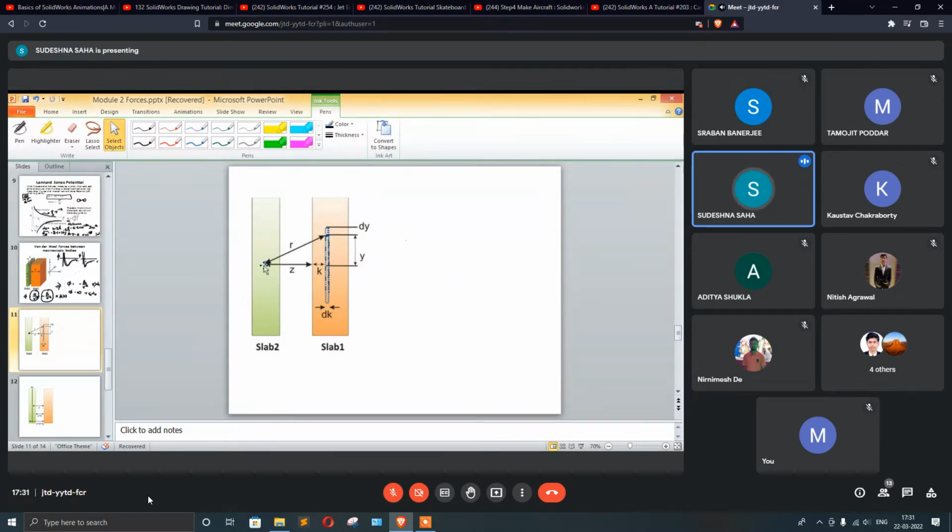Okay, and we are seeing what will be the interaction of this atom with the atoms present in the circular element, integrated for the whole circular element, and then we will try to integrate it for the whole slab. Let me just go through the calculations, then probably you will understand it more clearly.